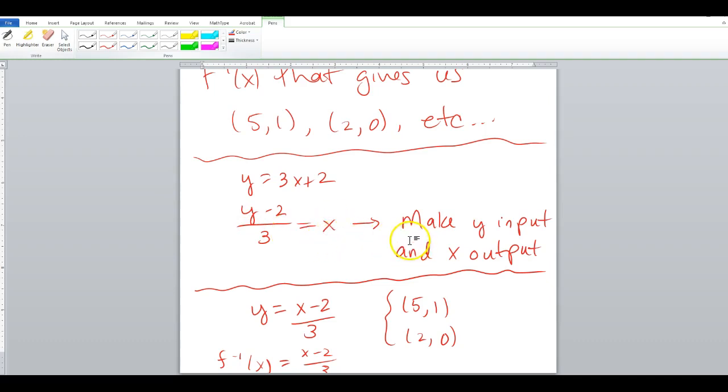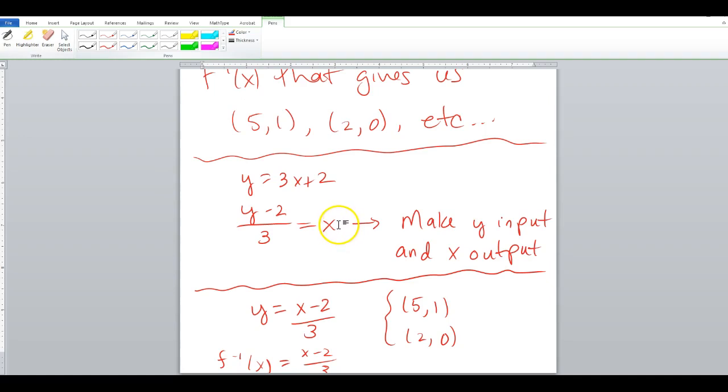So in effect, I've reversed my points, but to think in terms of the way we normally think, where x is the input and y is the output, I'm going to use this function but interchange my variable names. I'm going to call the input variable x and the output variable y, like we always do. It's no magic. I'm just renaming things because this is how I reverse the points.